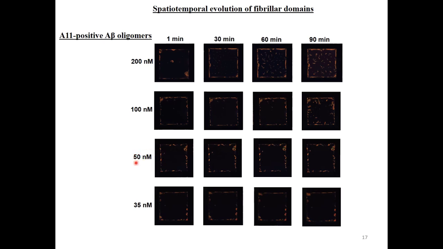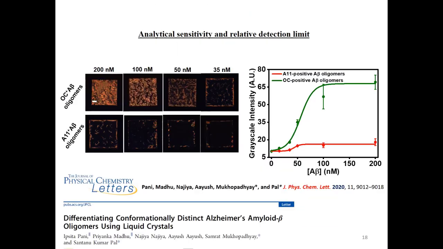Below 50 nanomolar, there is no formation of elongated domains. In order to compare the dynamics of LC reorientation in presence of both the oligomers, we plotted the grayscale intensity of the optical micrographs in contact with different concentrations of the oligomers and found that the lipid-laden liquid crystal is more sensitive to the OC positive oligomers.